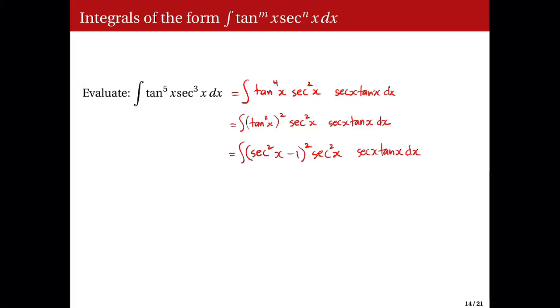We can now start doing the substitution. u equals secant x, du is just secant x tangent x dx. Which means we now have the integral of u squared minus 1 squared times u squared du.